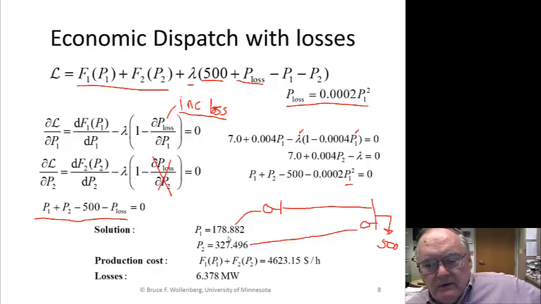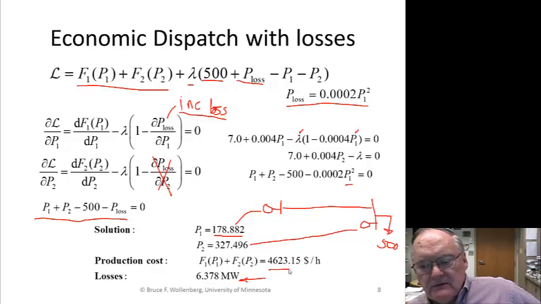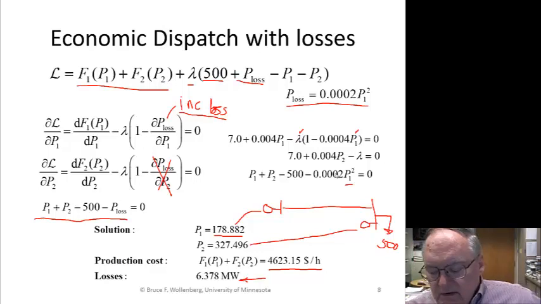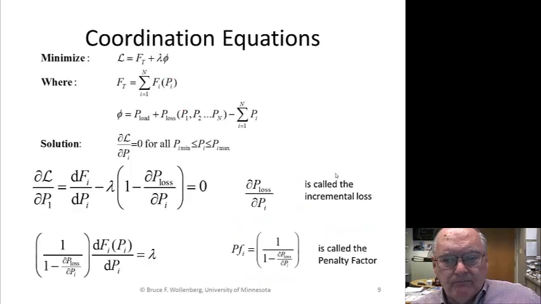So because I let this generation go back, the losses are reduced. Here's the amount of losses. So it actually puts out 506.3 generation. That's the sum of these two terms, and there's the total cost in dollars per hour. That's the minimum cost when you solve this equation. So you have to solve it, but it now becomes a nonlinear equation. Again, if there are no losses, then this term is gone and this term is gone, and it's just a quick set of linear equations.